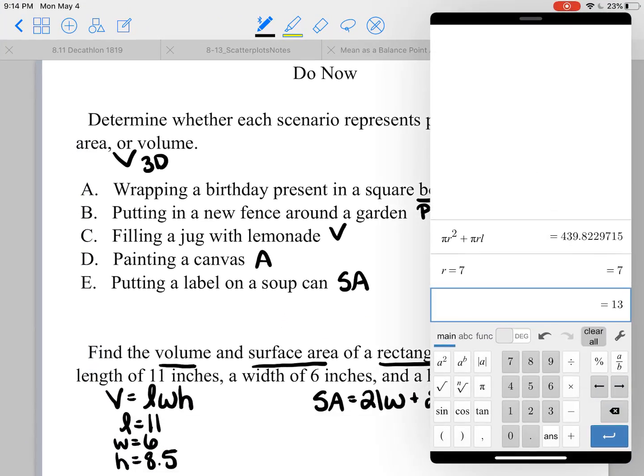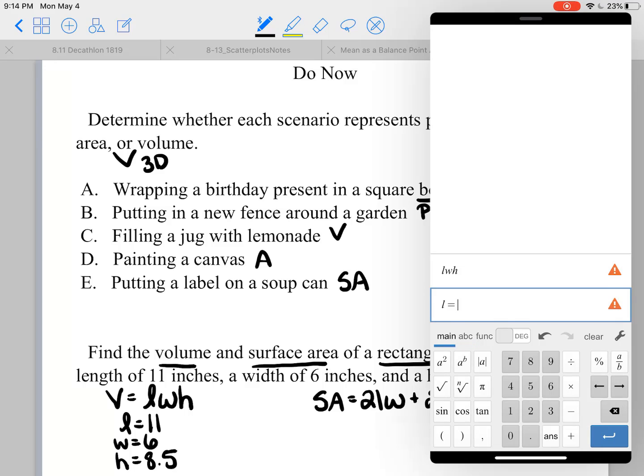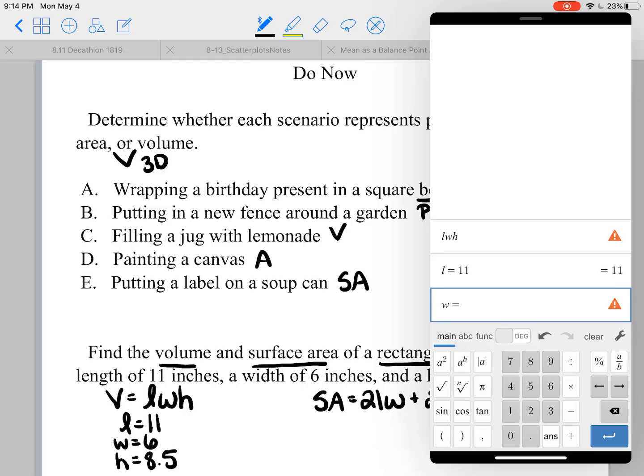So let's try Desmos. Let's type in our formula, LWH. L is equal to 11. W is equal to 6. And H is equal to 8.5. So we end up with a volume of 561 inches cubed.